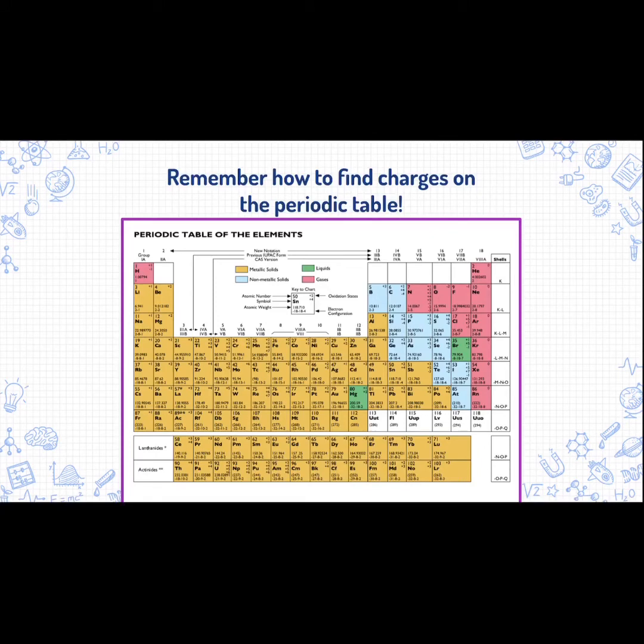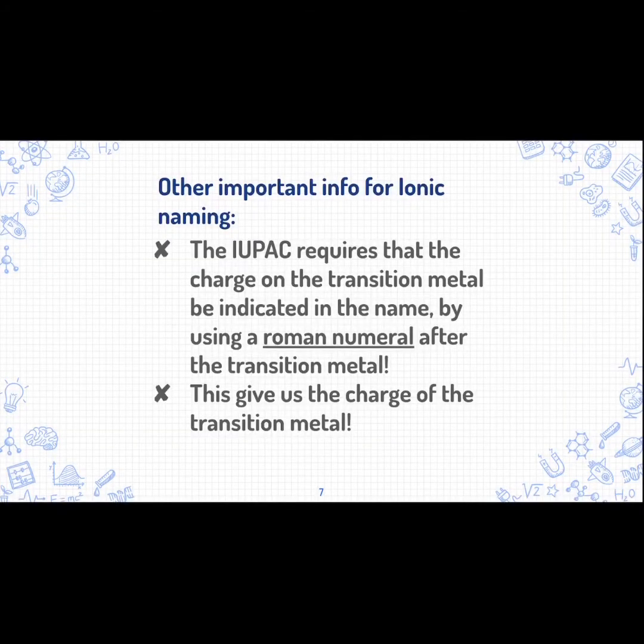So again, remember how to find your charges. This should be written on your periodic table. So like group 1 would be +1, group 2 is +2, group 3 is +3, and so on. Some other important information is that the IUPAC, which is just the people who decide what we name what, say that the charge of the transition metal must be indicated in the name.